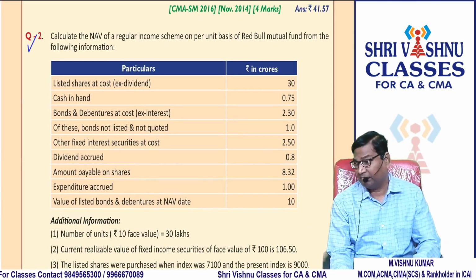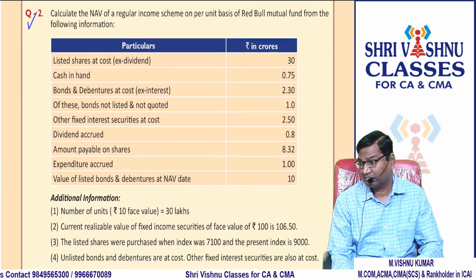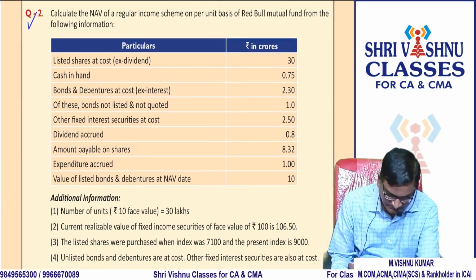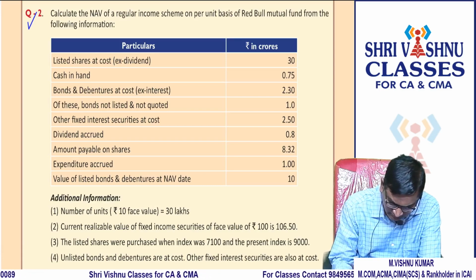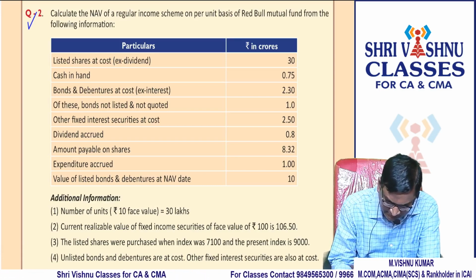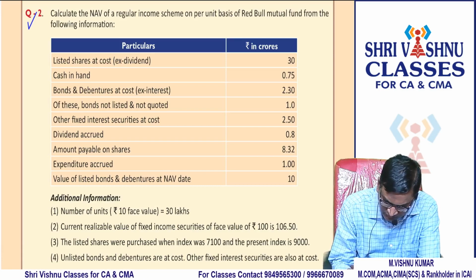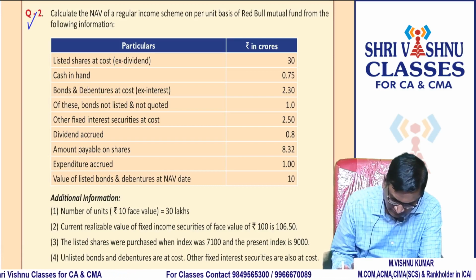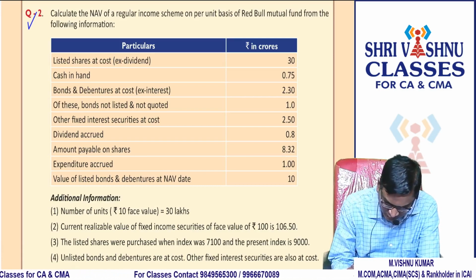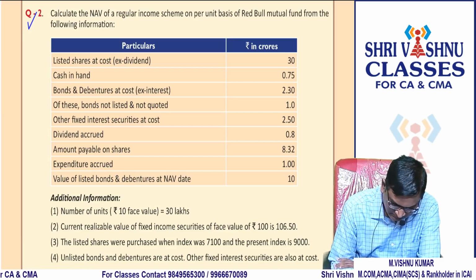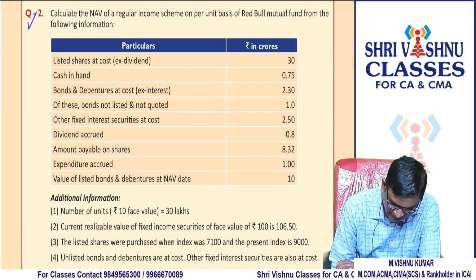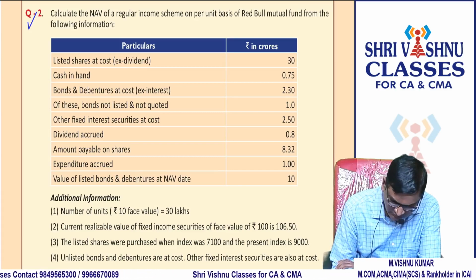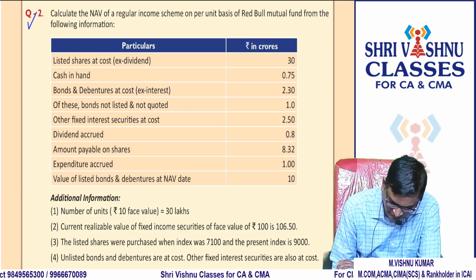Question number second. Calculate NAV of a regular income scheme on per unit basis of Red Bull mutual fund from the following information: rupees in crores. Particulars: listed shares at cost ex-dividend 30 crores, cash in hand 0.75 crores, bonds and debentures at cost ex-interest 2.3 crores.